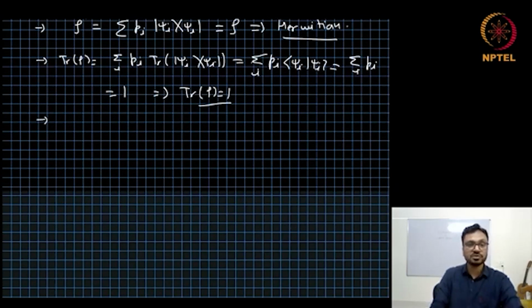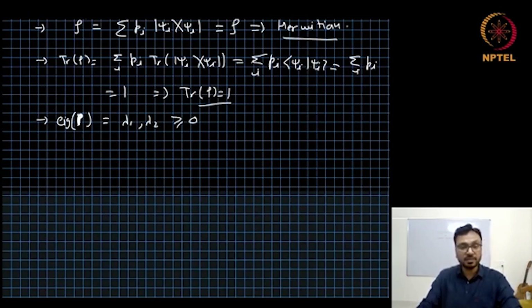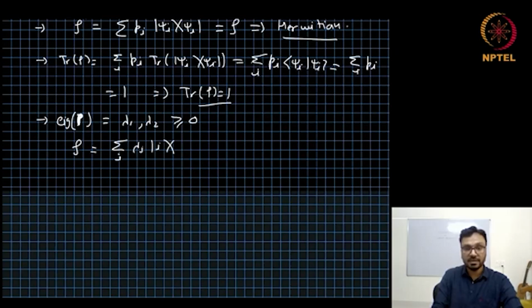And the third and foremost property is that rho, since it is Hermitian, has eigenvalues, let us call them lambda 1, lambda 2, and so on, but for qubits only two, lambda 1 and lambda 2. They should always be either positive or 0. How can we say that? Since rho is Hermitian, we can always write a spectral decomposition for it, sum over i of lambda i |i⟩⟨i|.